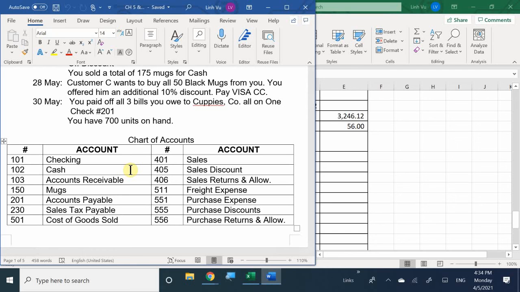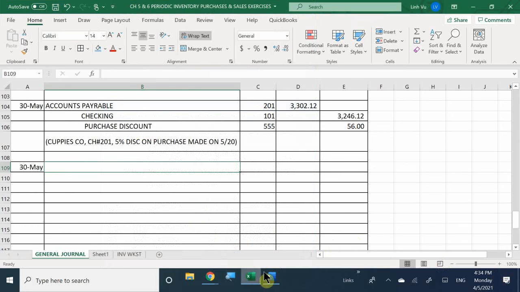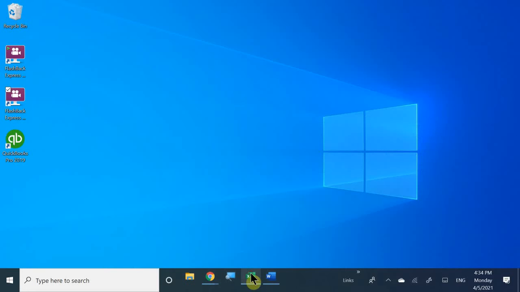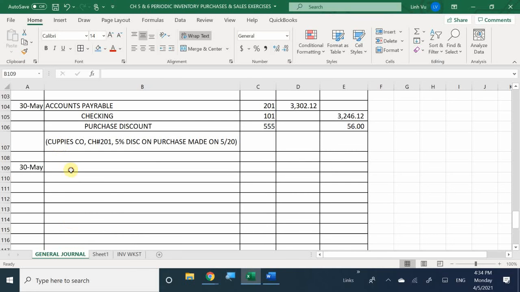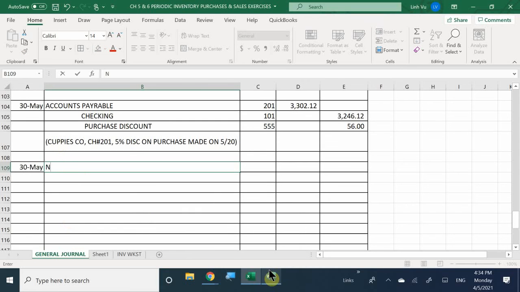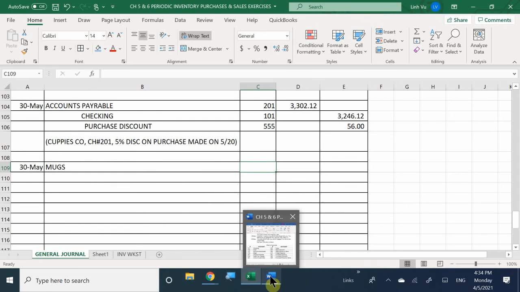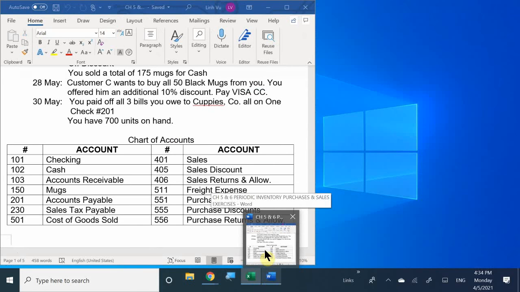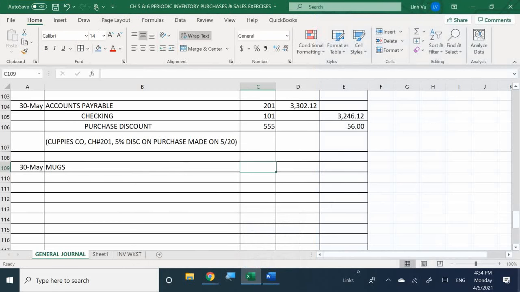Mugs. Mugs, right? Our inventory is going to be just straight up mugs. So, first thing is we're going to recognize our inventory, which in this case is our mugs, for account number 150.